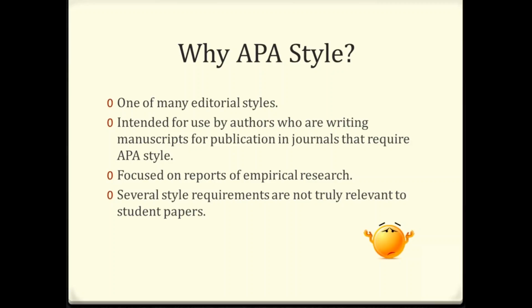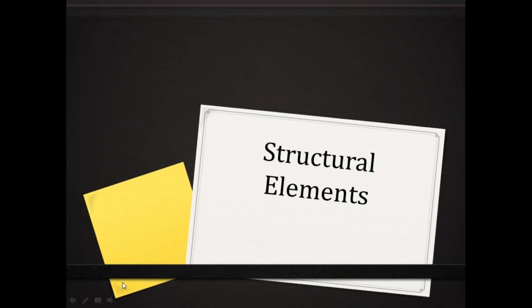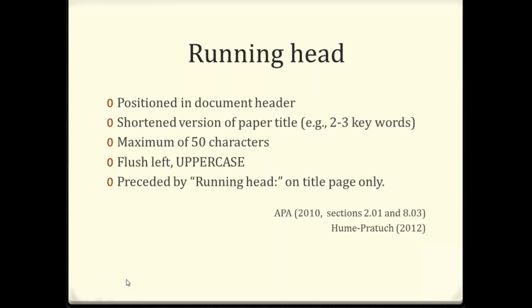In other words, there are several style requirements that just aren't truly relevant to student papers. And then there are a few exceptions that Allen College makes just to make your papers easier to categorize, I guess.